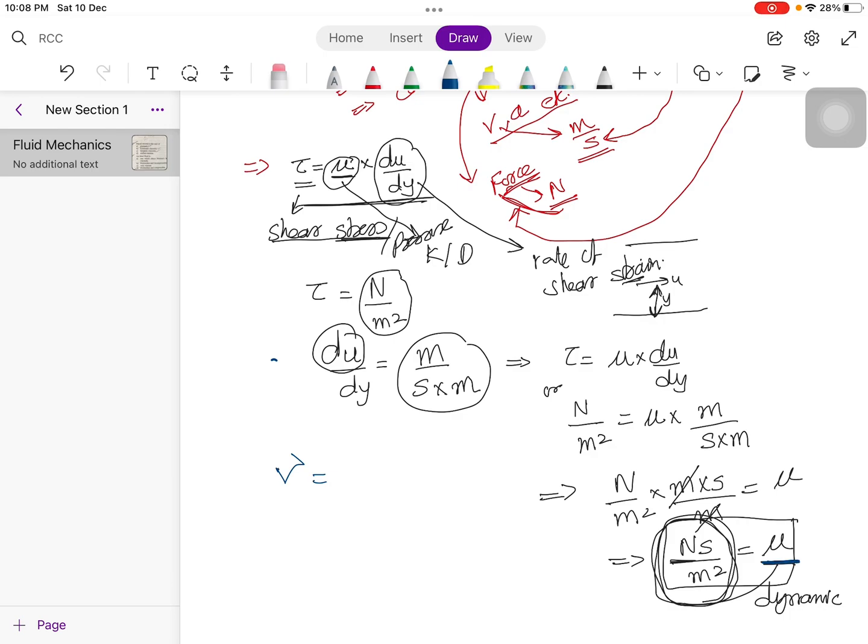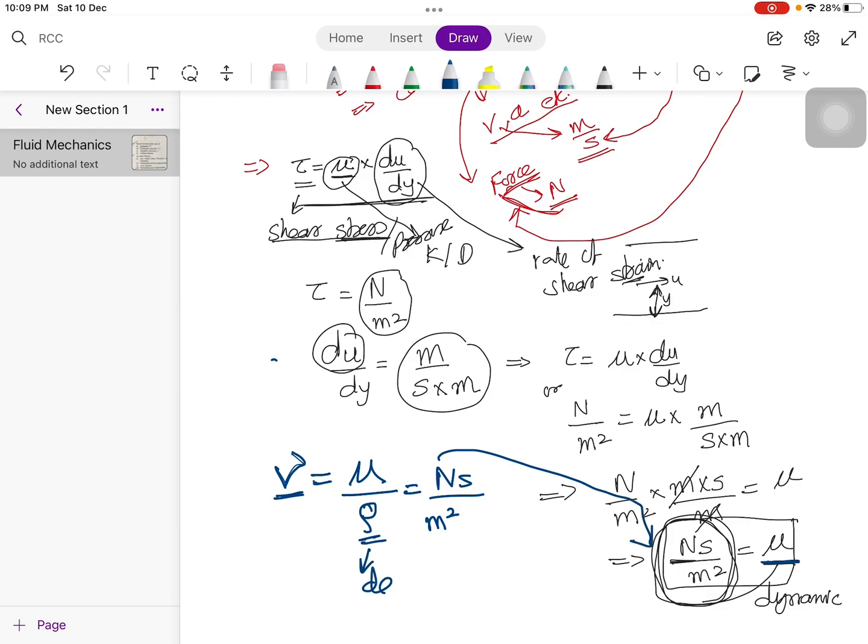So nu is equal to mu upon rho. Mu is dynamic viscosity, which is Newton second upon meter square, the unit which we just derived, divided by rho.